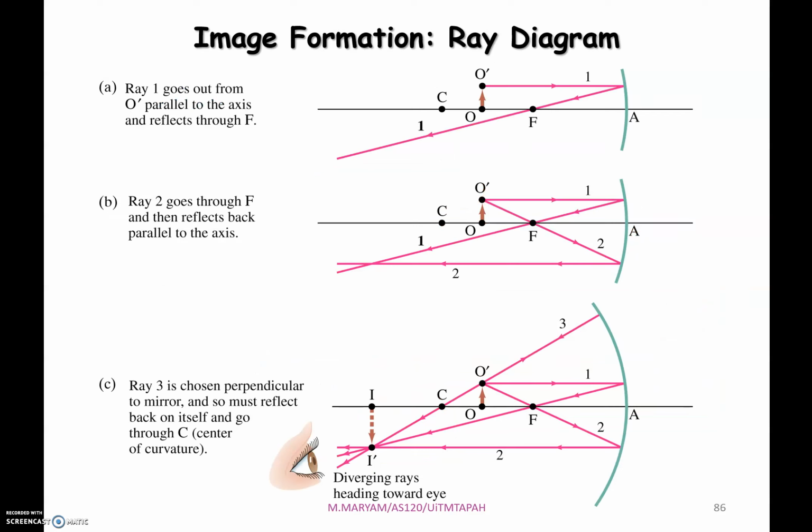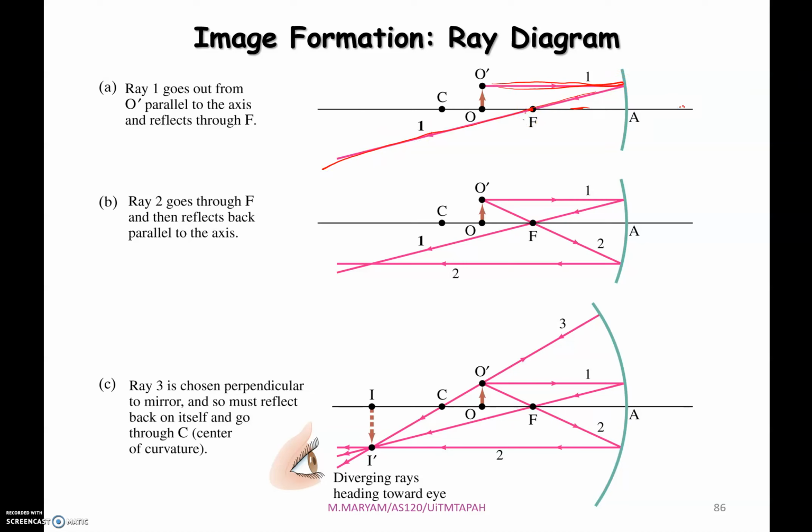Alright, so let's go to image formation by ray diagram. This is also quite similar to lenses, but opposite. Let's look at the concave mirror first. Let's say I have my concave mirror here. The first ray hits the surface in a straight line parallel to the axis, remember? And then it goes through the focal point, which is at the front of the mirror, not at the back.